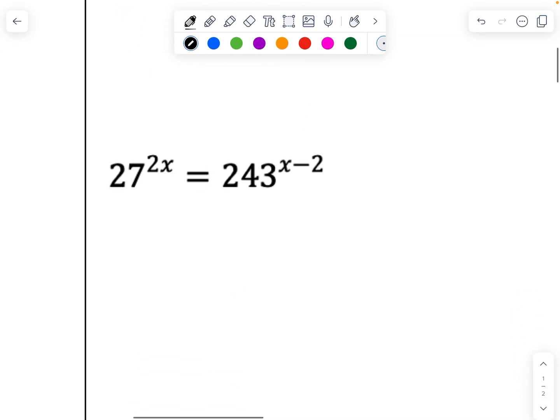Okay, 27. 27 is 3 to the third times 2x equals, and this is 3 to the, I think it's a 5, we'll check, times x minus 2.